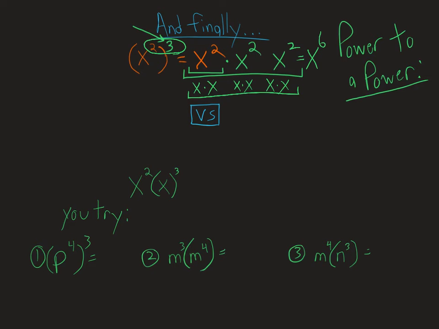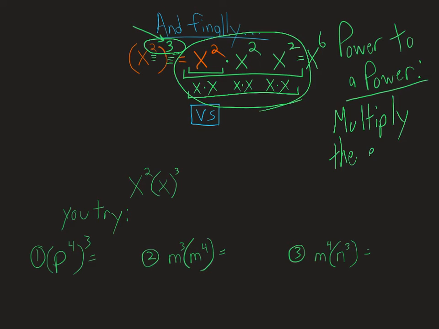But here, this is a correct way to do it. Okay? We have 2 x's, and then we're saying take 3 groups of the 2 x's, and we end up with a total of 6 of them. So power to a power, you actually do multiply the exponents. Now, kids will often get a little tripped up when they're first learning this, and let's look at where.